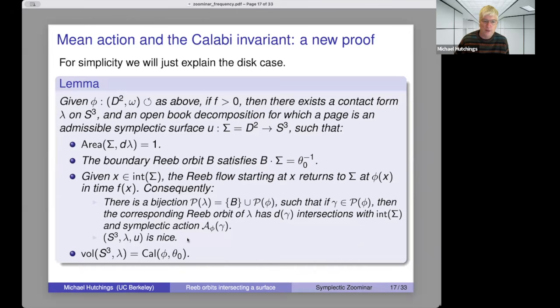So I can apply the theorem to it. And furthermore, the volume of this contact form is equal to the Calabi invariant. So basically, this is the translation between area preserving maps of the disk and contact forms in S3.